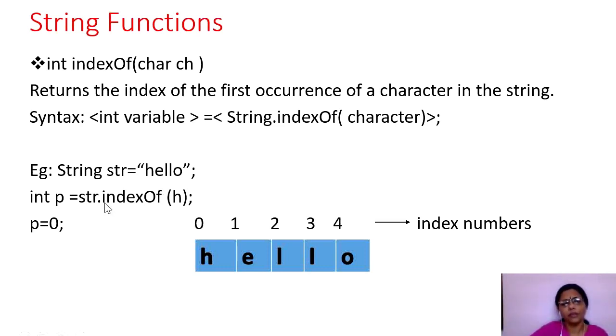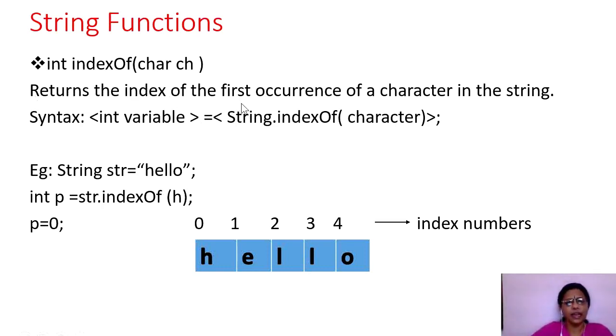So my function IndexOf will return a number, the index number. And since I have to store the return value, I am declaring the variable as int. So I will say int p is equal to str.indexOf h. Here whatever is in h will be searched by my function and I'll get the result as 0.